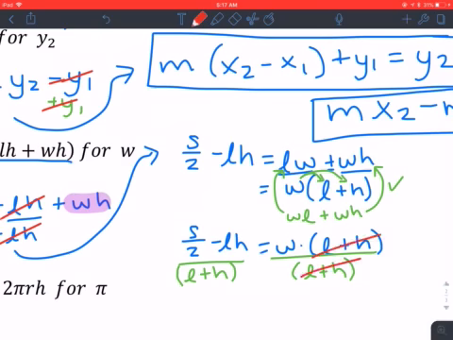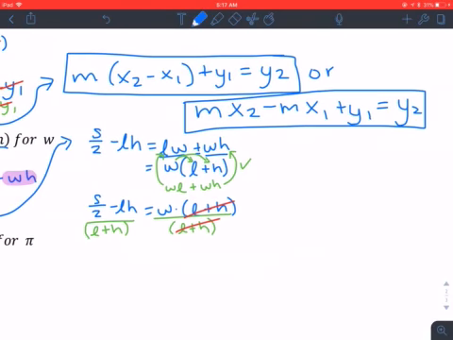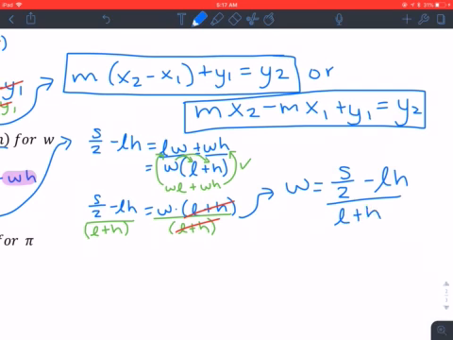Here they'll cancel out. So we're just left with W equals S over 2 minus LH, all divided by L plus H.